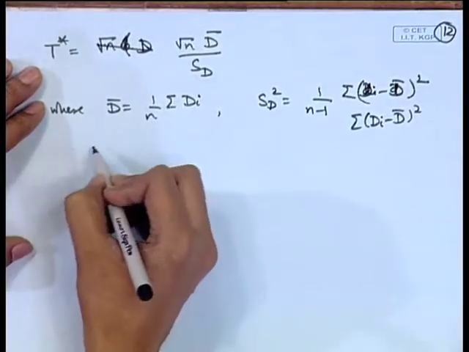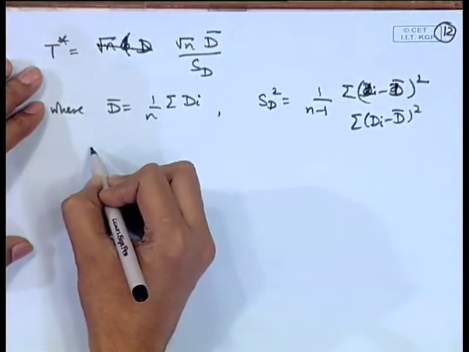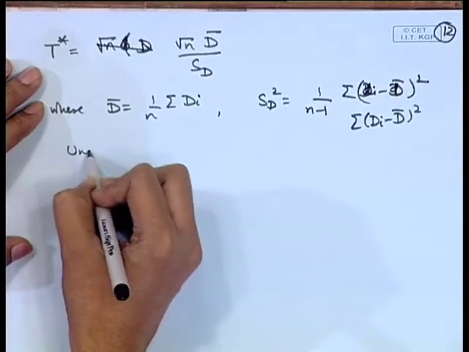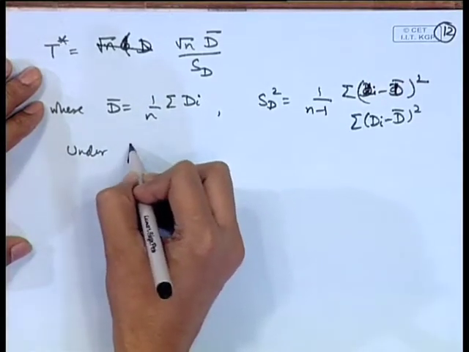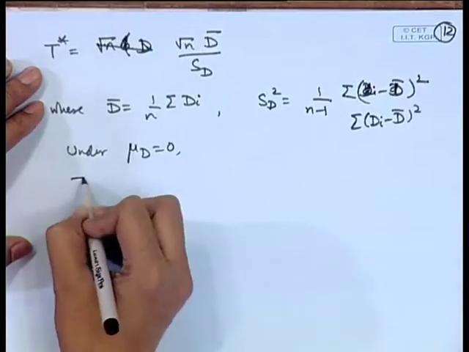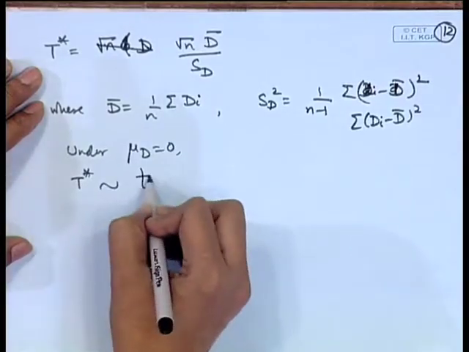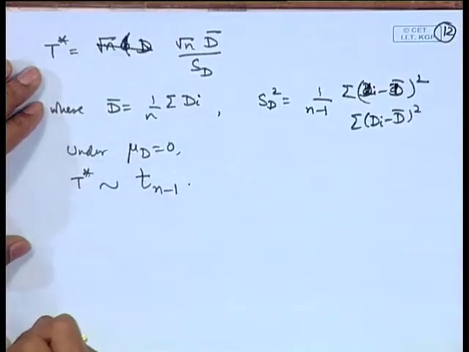Then one can see that under mu d is equal to 0, the distribution of T star will be t on n minus 1 degrees of freedom.